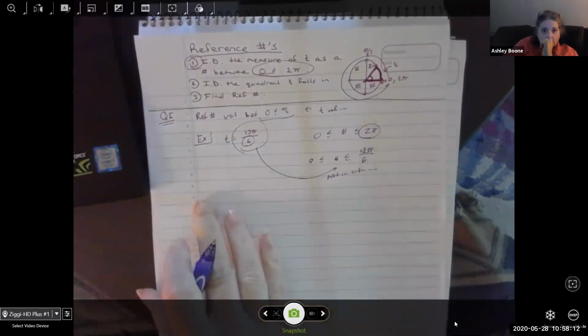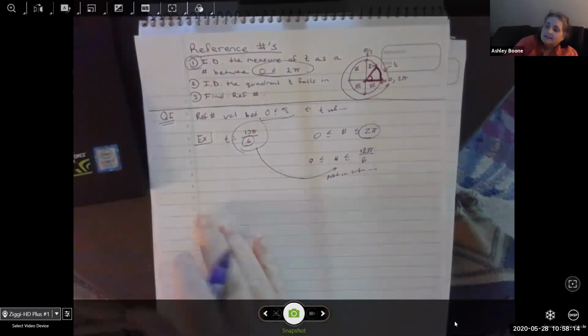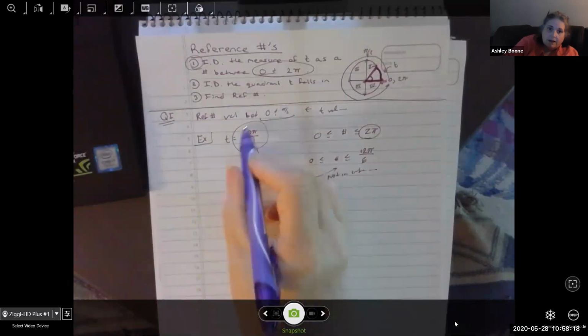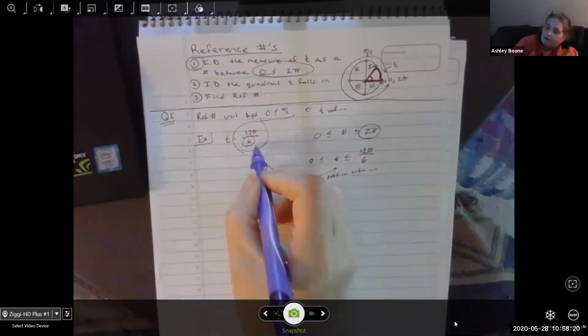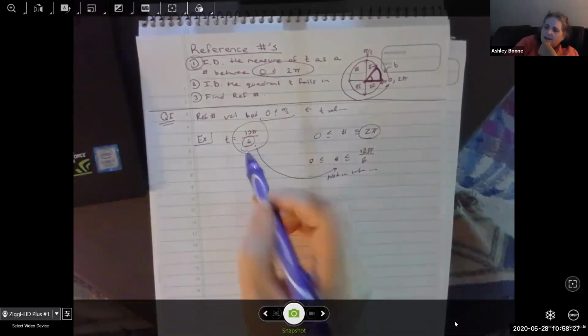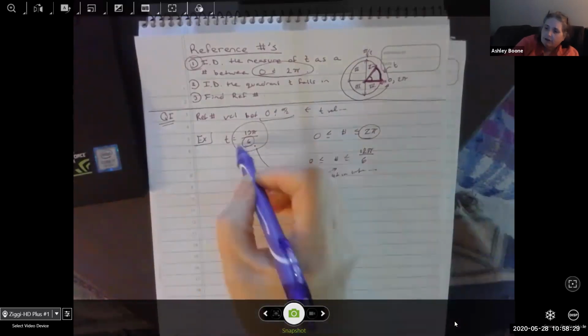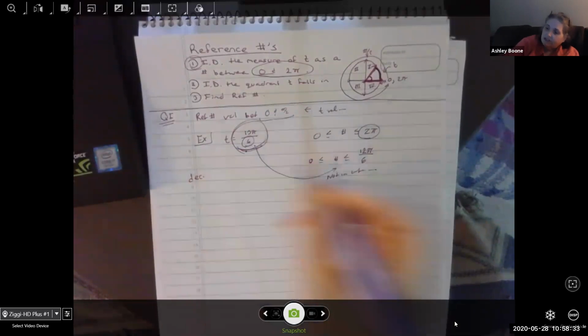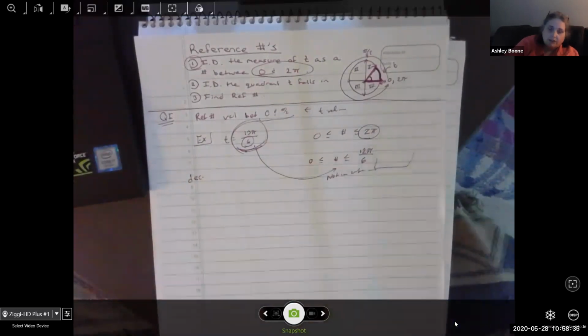So what we're going to do first is get a measure that is really corresponding to this. What would happen if I decreased, because it's too big, it's bigger than the 12 pi over 6.